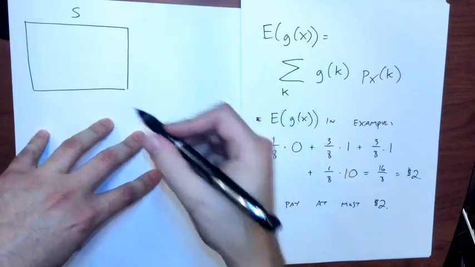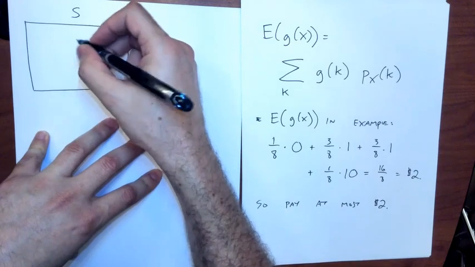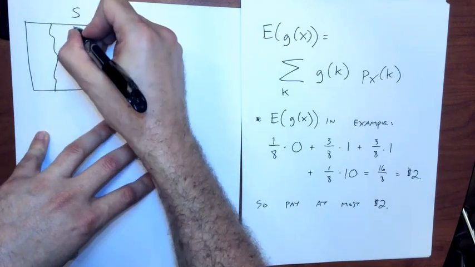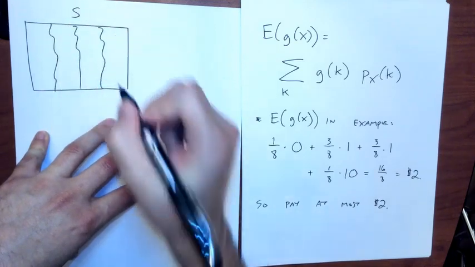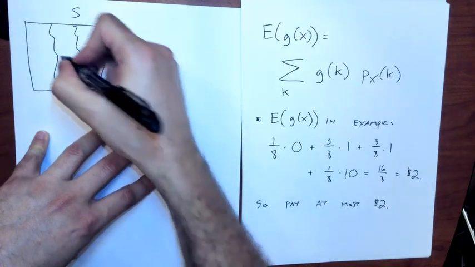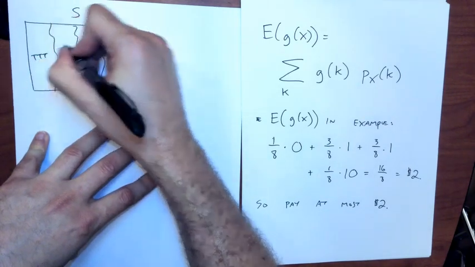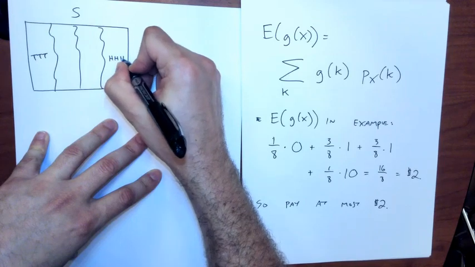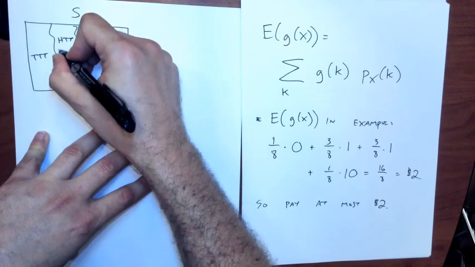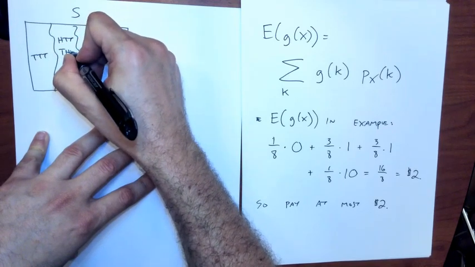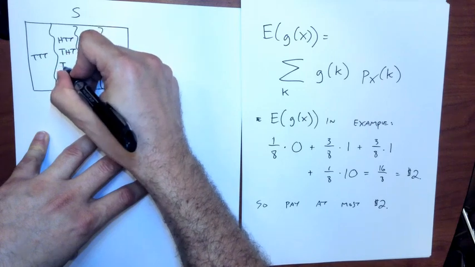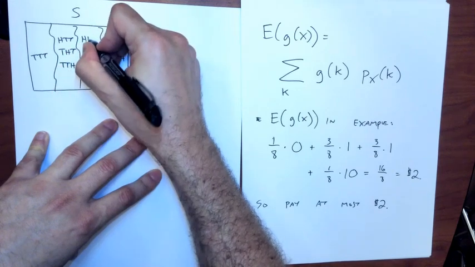Up here, I have basically 4 sets that partition the sample space, right? I've got tail, tail, tail, head, head, head, and I've got one head, and I've got 2 heads.